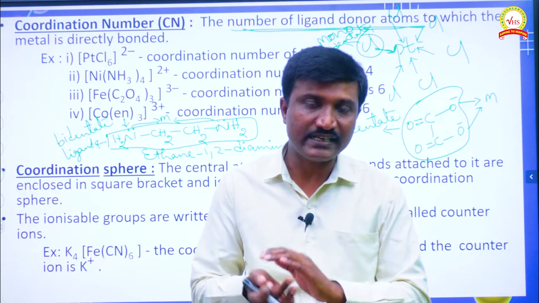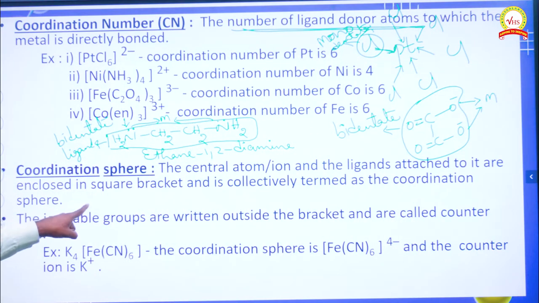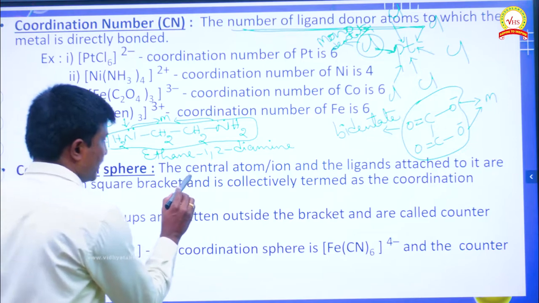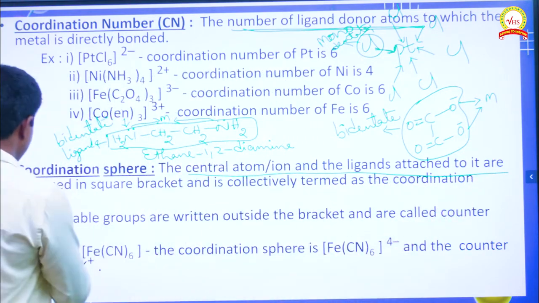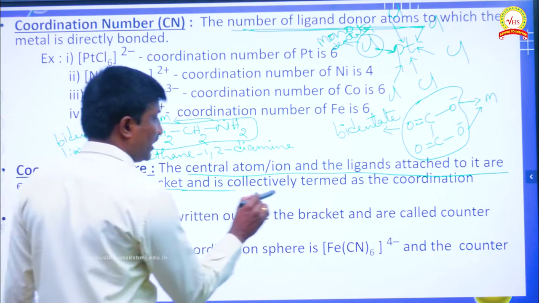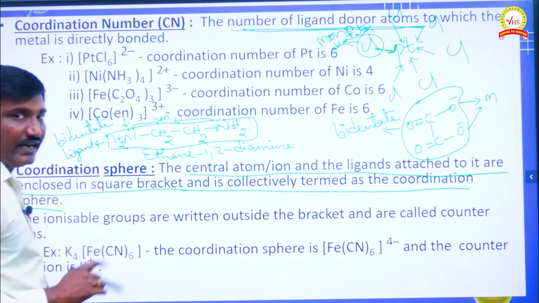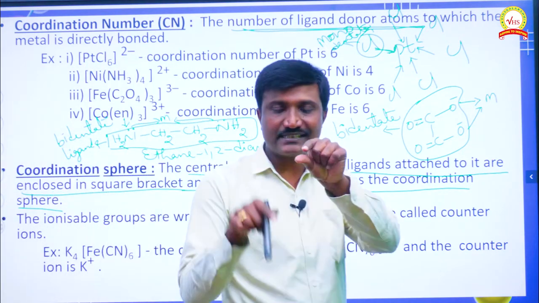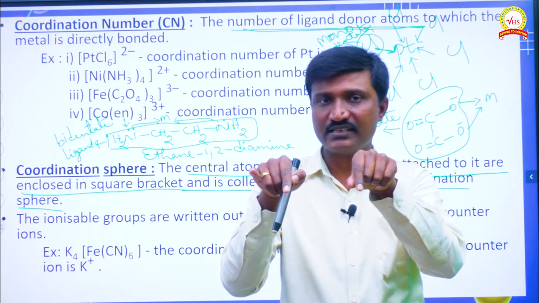That coordination entity we are also calling the coordination sphere. Okay, so the coordination sphere is the central atom and the ligands attached to it enclosed in the square bracket and collectively termed the coordination sphere. In a coordination entity, only the ligands and the central metal atom are taken. Okay, the square bracket we are not considering, right?